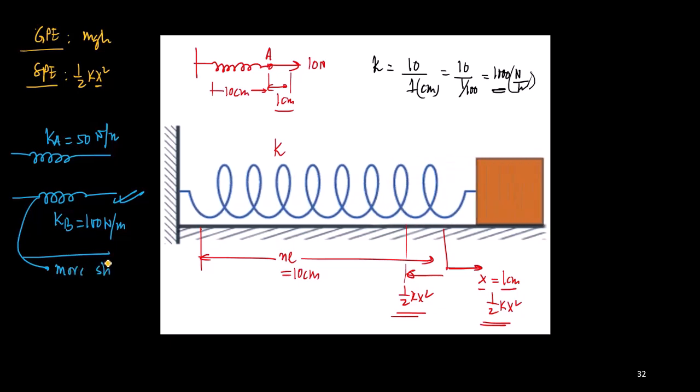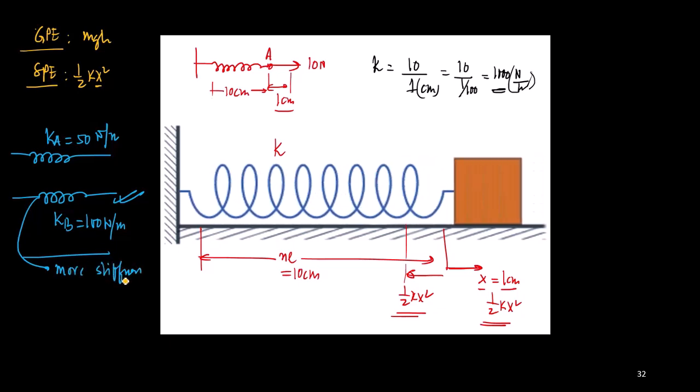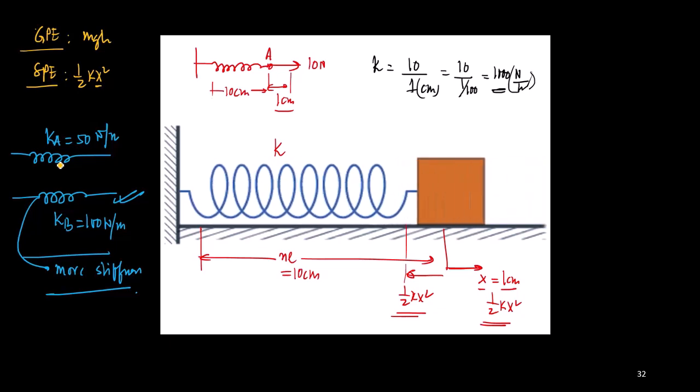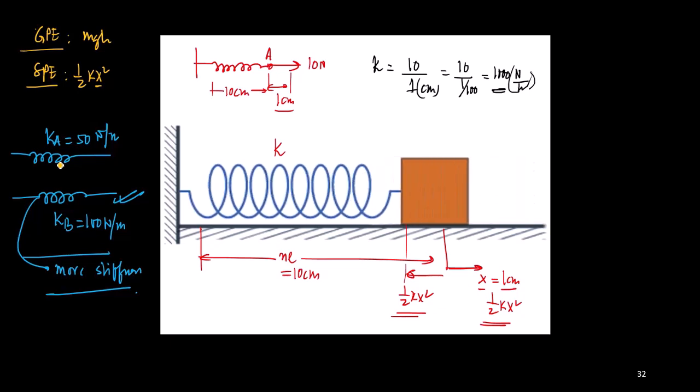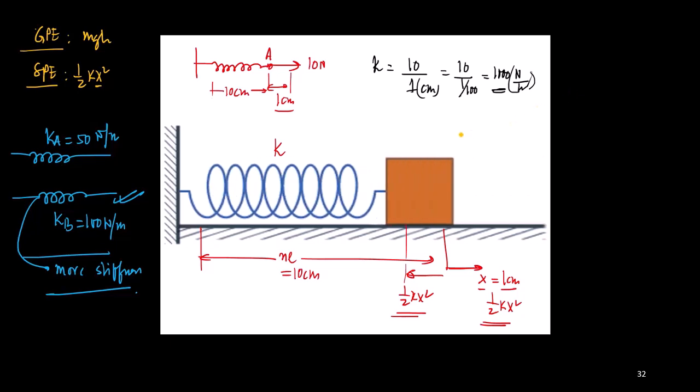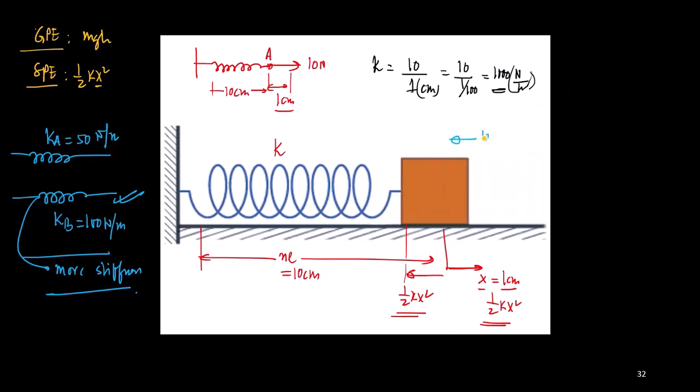More stiffness means higher value of k. So k is called the stiffness coefficient, stiffness constant or spring constant, which is basically a property of the spring. Depending on which material the spring is made of, that is called the spring constant.